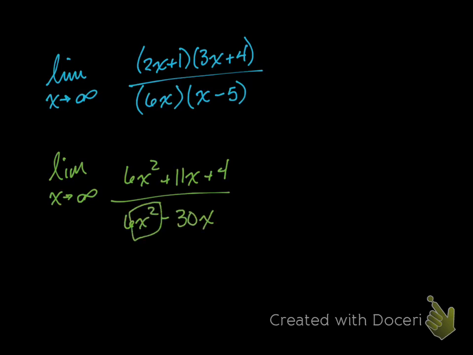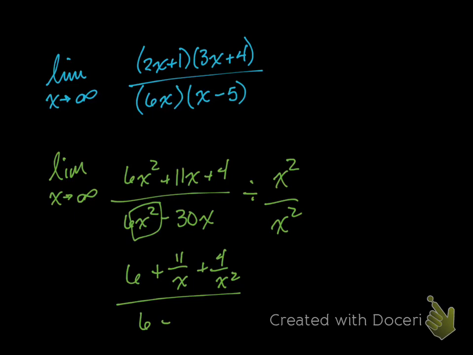The biggest power on the bottom is x squared, so we divide by x squared over x squared. That gives 6 plus 11 over x plus 4 over x squared, over 6 minus 30 over x. Poof, poof, poof. We're left with 6 over 6, which is 1. So that is how you find the limits as x approaches infinity.